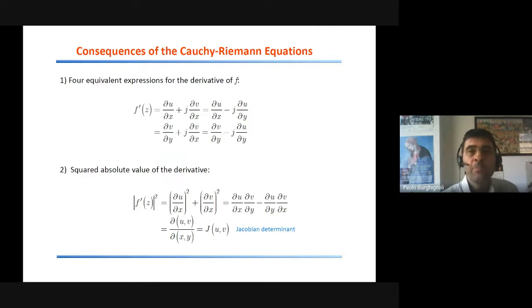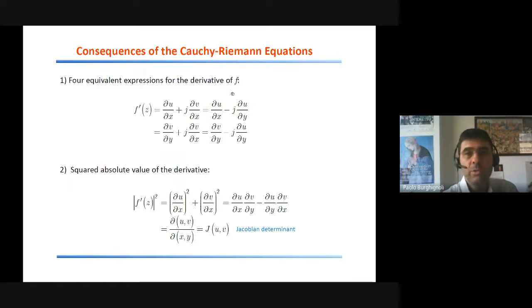For example, one possibility is to use real increments, and therefore you can see there the partial derivatives with respect to x. Alternatively, you can use purely imaginary increments, and in this case you have the partial derivatives with respect to y. But in addition to that, by using the Cauchy-Riemann equations, you can also relate the derivatives with respect to x of one function to the derivative with respect to y of the other function.